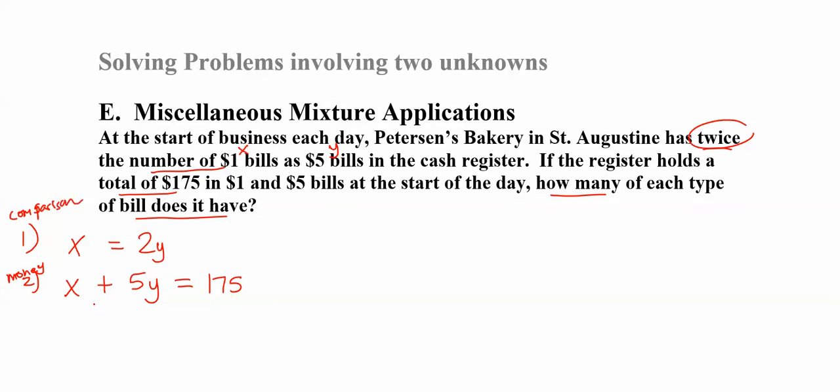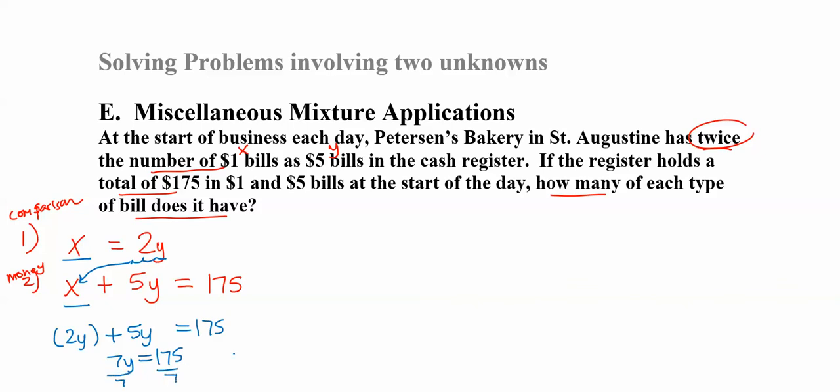Now the first equation is already set up where X is equal to 2 times Y, so we can use substitution there. X is 2Y, so I'm going to underline X in the second equation and substitute. So I get 2Y plus 5Y equals 175, or 7Y equals 175.